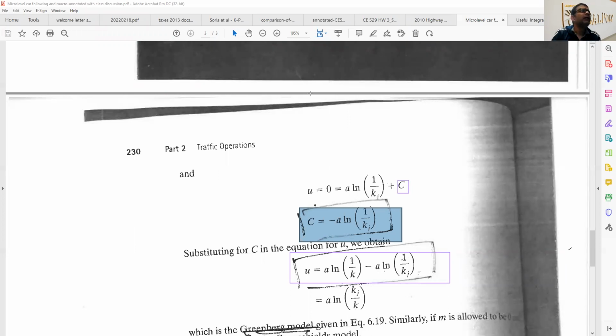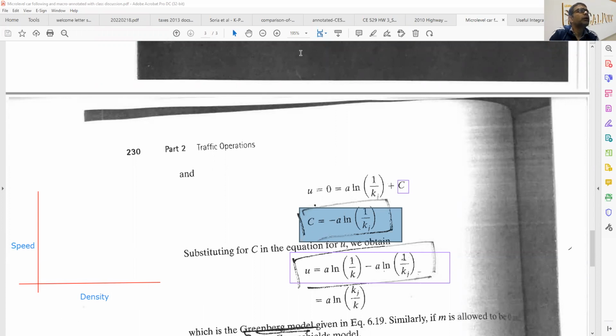And Greenberg's model, if you draw it out, looks a little bit different than the Green-Shields model. So if I were to draw it out, this is what it would look like if you plot the speed-density curve for this. Again, you have the density on the x-axis and the speed on the y-axis. This is what the curve would look like.